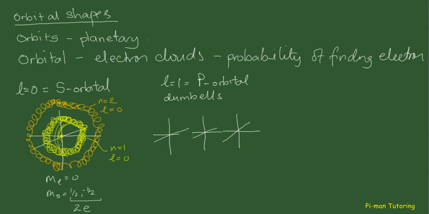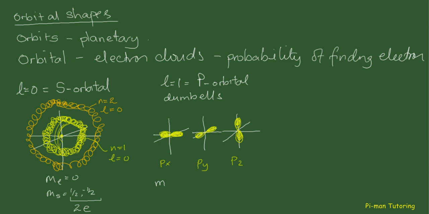If you imagine these are the x, y, and z axes, then one dumbbell will be aligned with the x-axis in this fashion. And remember, this is the electron density cloud. And this we call the px orbital. There's a py that aligns itself with the y-axis. And of course there's a pz, aligned with the z-axis.